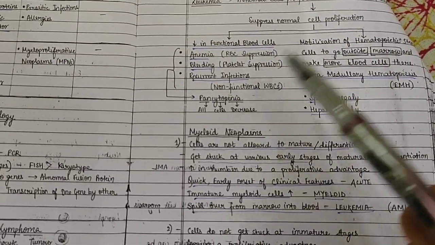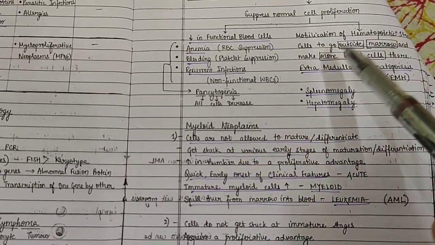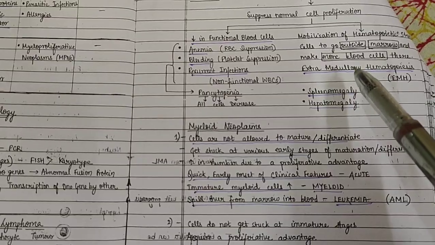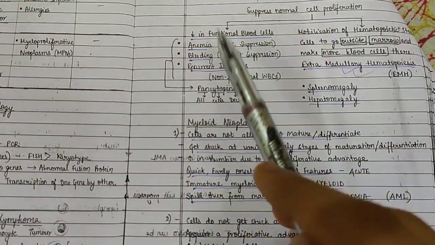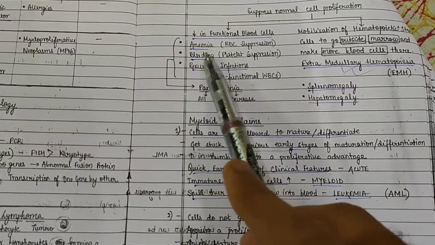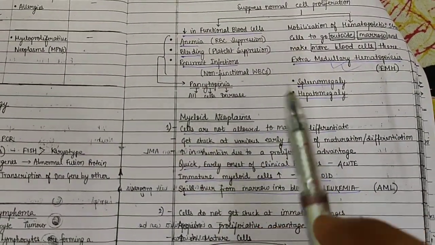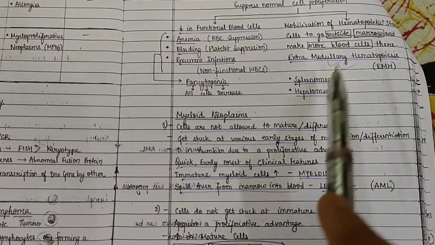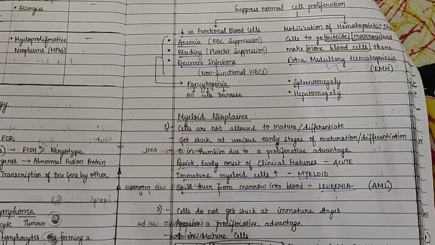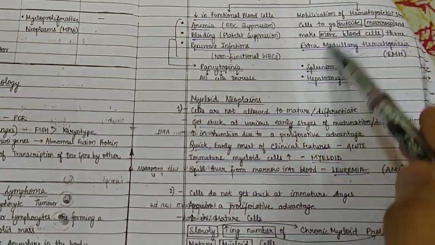This is known as extramedullary hematopoiesis. Decreased functional blood cells will cause anemia, bleeding, recurrent infections and a condition known as pancytopenia. And because these hematopoietic stem cells often go to the spleen and liver, that will cause splenomegaly and hepatomegaly. So this is the basic concept.